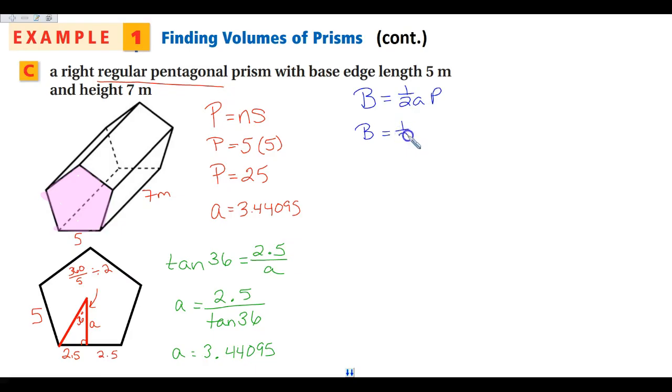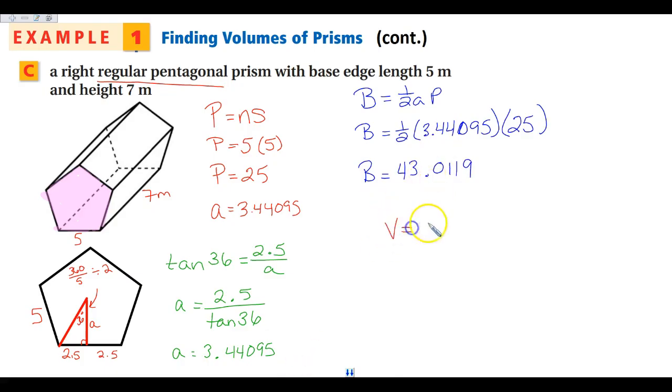So it's going to be 1/2 that apothem, which you should still have not taken out of your calculator, 3.44095, and then times the perimeter, which is 25. When I put this in my calculator, I get 43.0119. And again, leave that in your calculator.